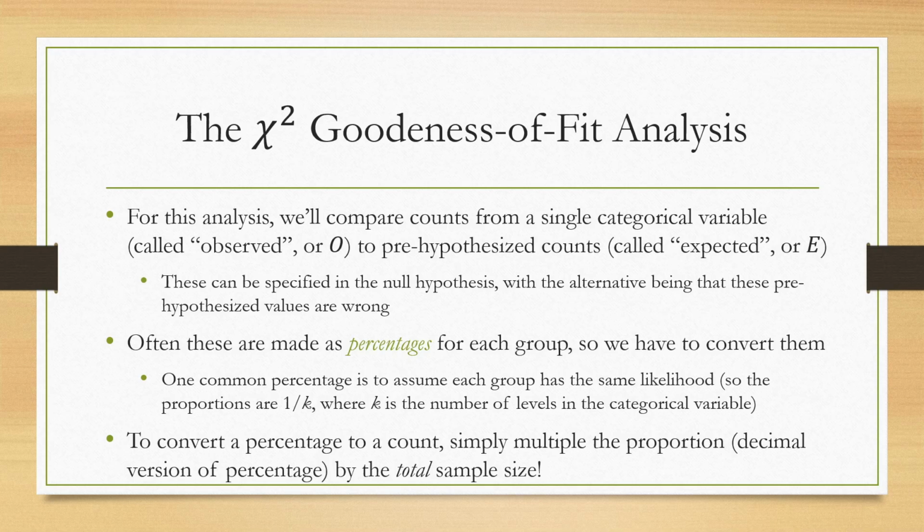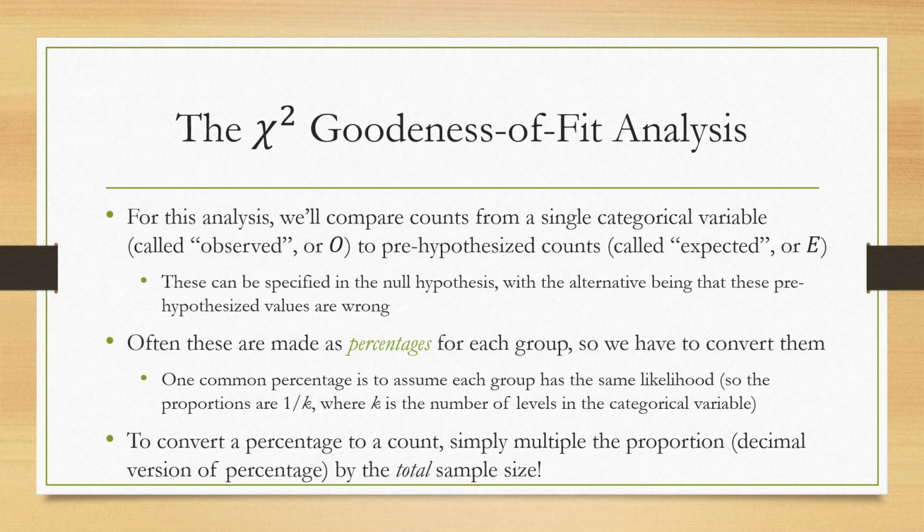Now, when we have a percentage and we want to move it to a count, it's actually very straightforward. To get the counts, which are the expected values that we're going to use in the equation we discussed in the last video, we simply multiply the proportion, the decimal version of the percentage, by the total sample size for all of the groups.